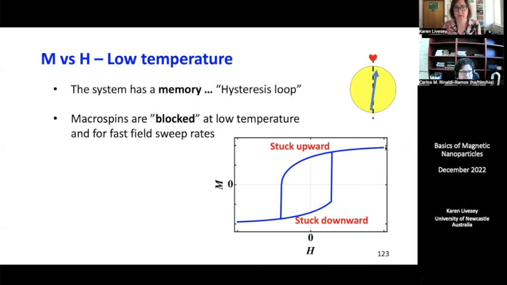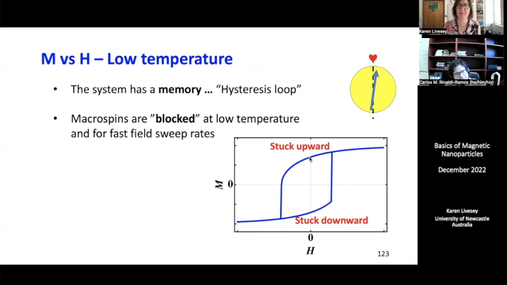Here, I should have put some arrows on this plot, but we're reducing the field, for example, and we come down this way. Even though we're at zero field, the magnetization is still positive because the particles are on average stuck upwards. That matches my little schematic or cartoon above here.